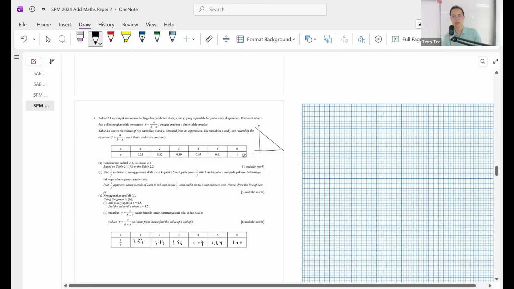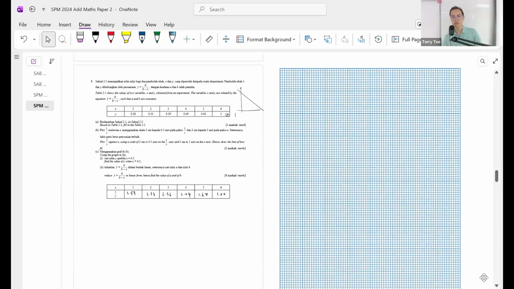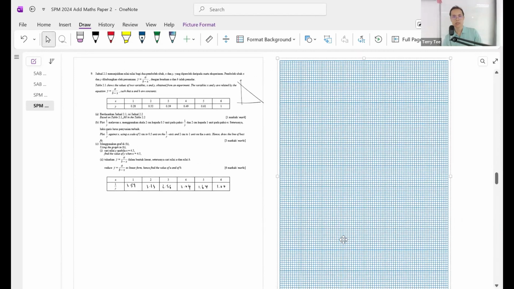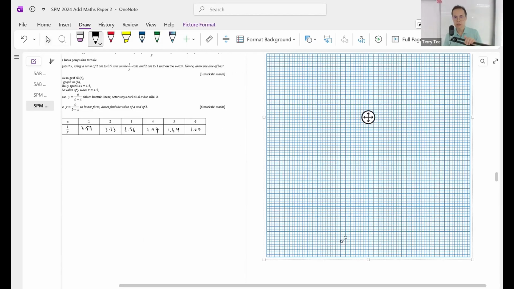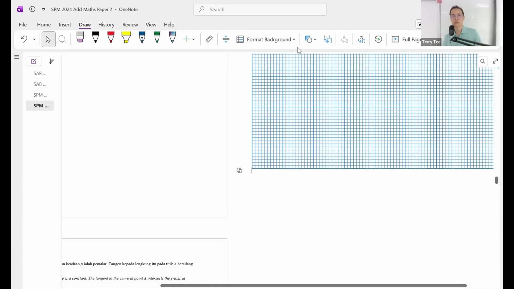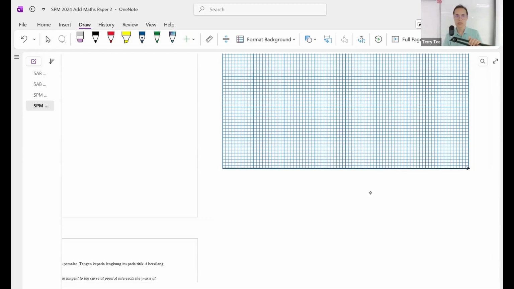Okay, so let's begin. I have a graph paper on the right hand side here. My graph paper is a bit too big, smaller a bit. Okay, so let's start by plotting. This is my x value. Maybe do one more time. You don't need to go all the way up because you only need up to 6.